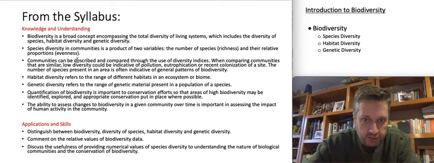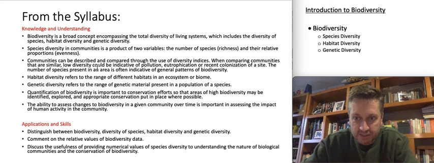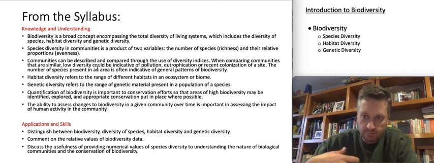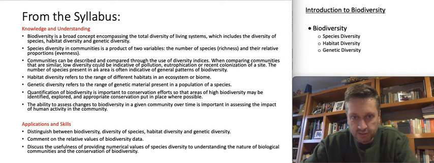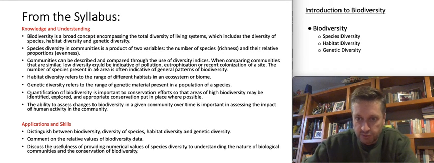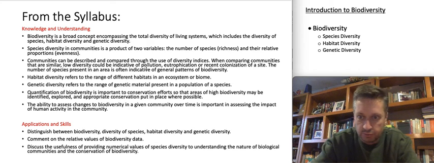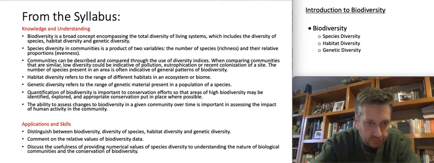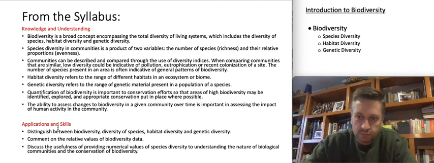Apart from that, we need to look at how we can use indexes to compare biodiversity. The one we really look at here is Simpsons index, which we've looked at already in topic 2, but I will give you a little reminder about how you actually use Simpsons index. And then finally down here, maybe we can talk about this more in the classroom in our discussions.